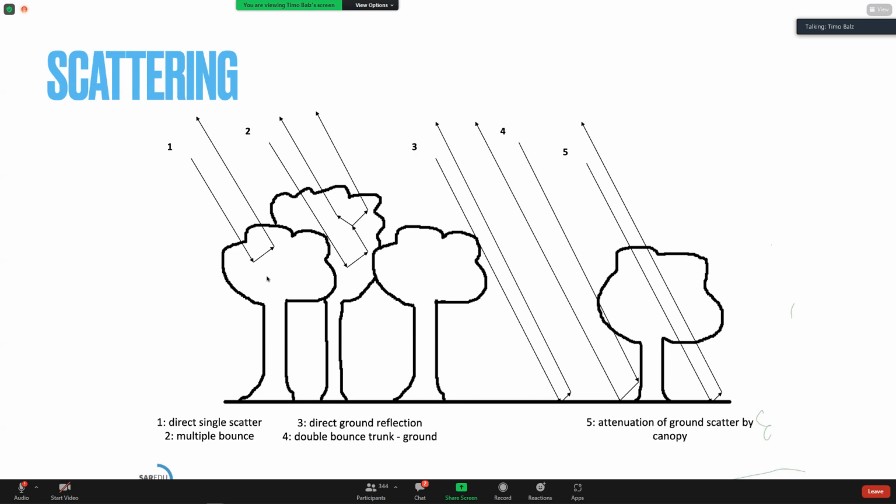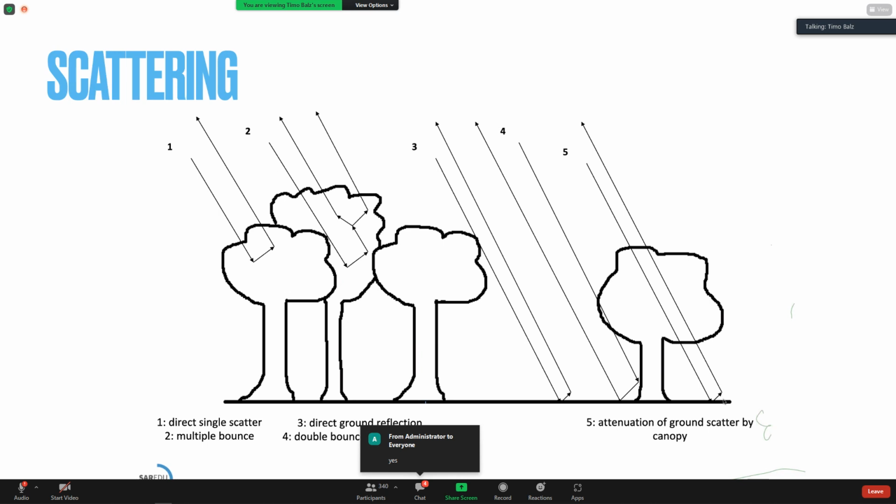Scattering also depends on how deep you go and which wavelengths you have. Are you getting directly scattered from the top? Do you have some multi-bounces, some volume scattering inside the canopy? Do you have a direct reflection from the ground, or a kind of double bounce from the ground to the trunk of the tree and then back?